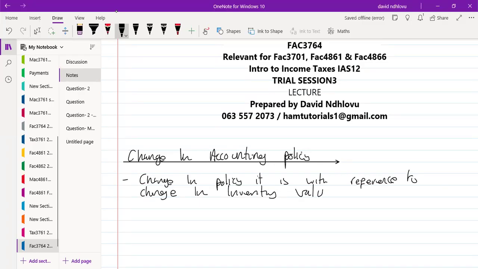The other changes in policies, we don't deal with them at this level or in this module. We are very specific. Change in accounting policy here, we are talking about a change in the inventory valuation method.